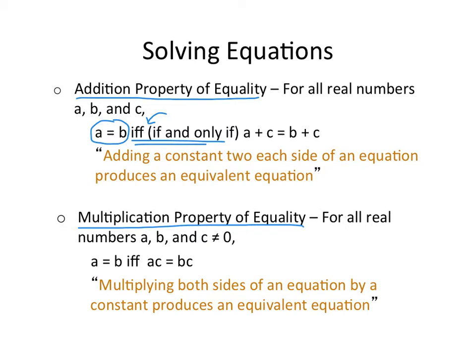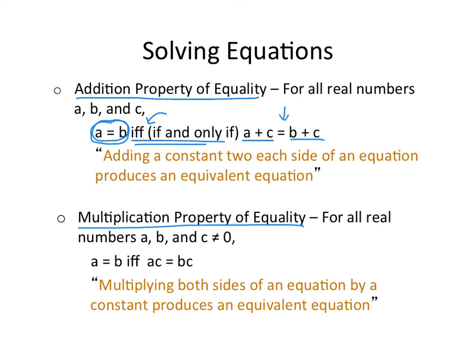That's shorthand for if and only if. You're going to see that a lot in math and logic. If and only if A equals B, then A plus C is going to equal B plus C. If we decipher this, it's saying we can add the same amount to both sides and it will still be equal.